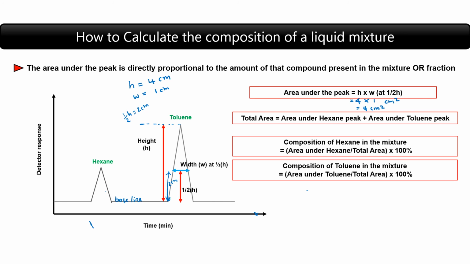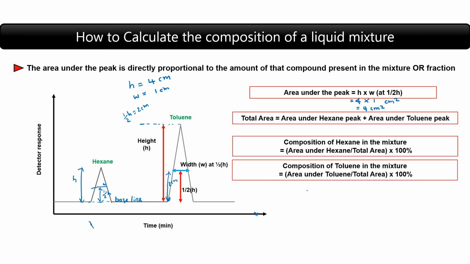And likewise, you can measure the height for this peak and then measure the width at half height point and also obtain the area under the peak for hexane. Then to get the total area, you add the area under hexane peak plus area under toluene peak.